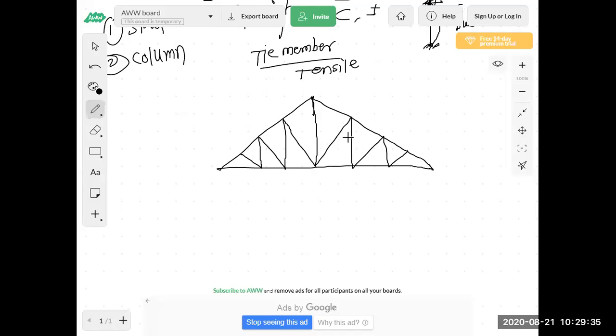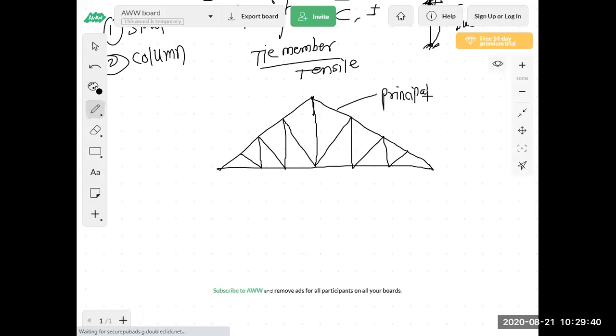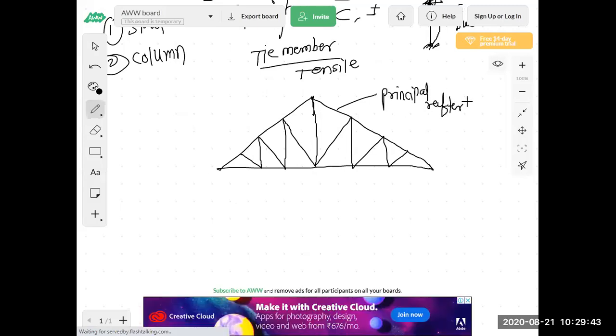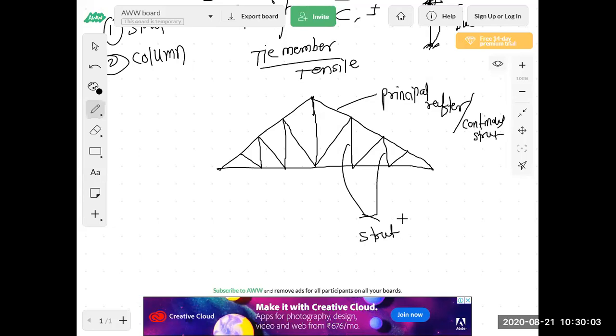This is the truss, and in this truss, this is the principal rafter, and all these vertical members, 1, 2, we are calling as struts. This principal rafter we are calling a continuous strut, and these are the discontinuous struts.